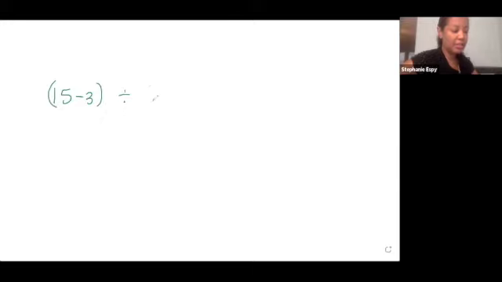Okay, so the question says 15 minus 3, divided by 2 plus 1, times 8 minus 6. So the key thing here is that you do order of operations. So we do what's inside the parentheses first.